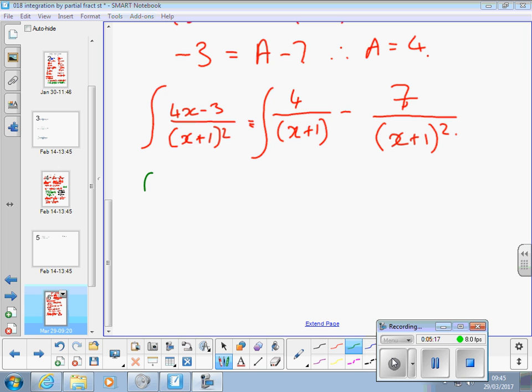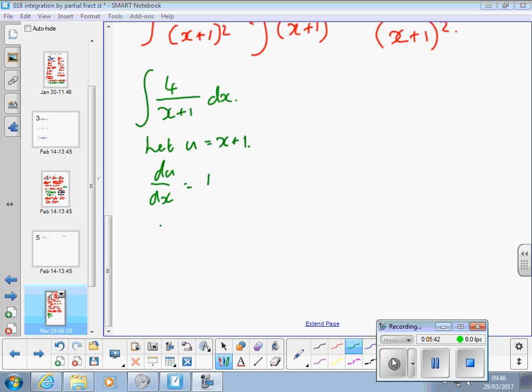So, dealing with this side, we let u equals x plus 1, du by dx is equal to 1, dx is equal to du.